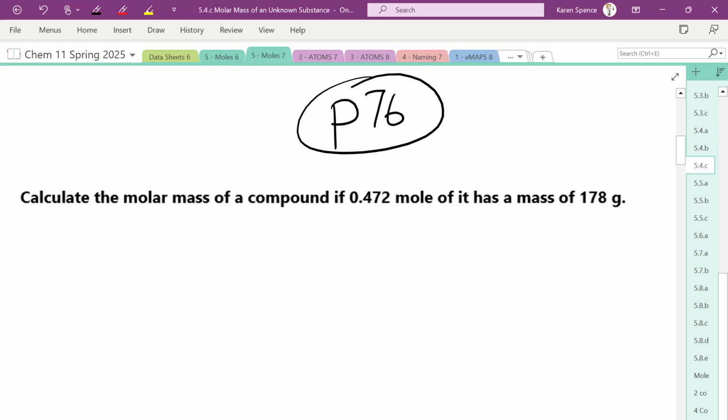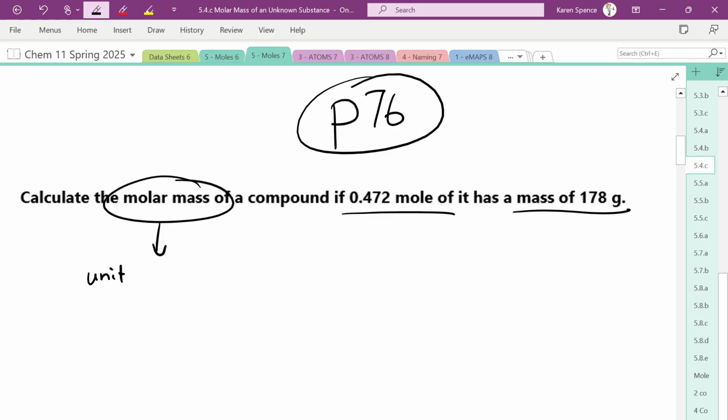Calculate the molar mass of a compound if 0.7472 moles has a mass of 178 grams. What is the unit of molar mass? No. Grams over mole. Grams per mole. Not just grams. Molar mass is grams per mole.